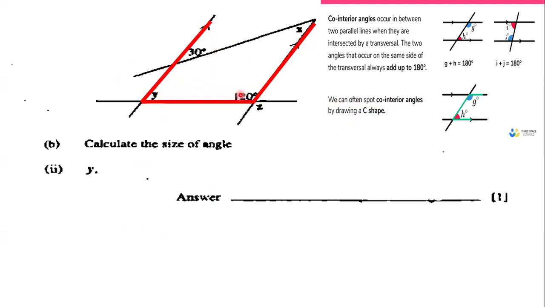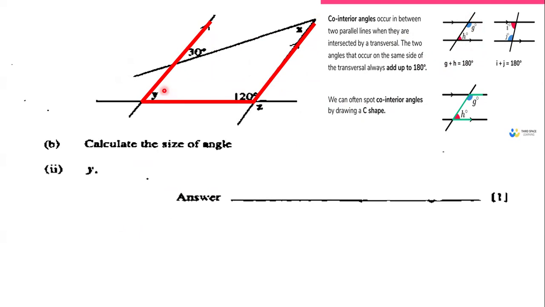Now, what do we know about co-interior angles? Notice that we have here this C shape, and we have angle G and angle H. They are co-interior angles, and notice that G plus H equals 180 degrees. And so co-interior angles must add up to 180 degrees. And so angle Y and 120 degrees, when we add them up, should give us 180 degrees.